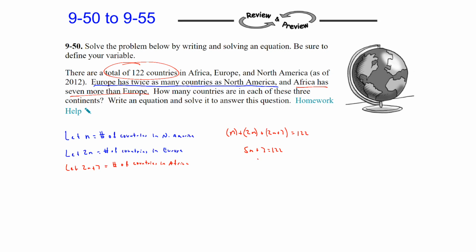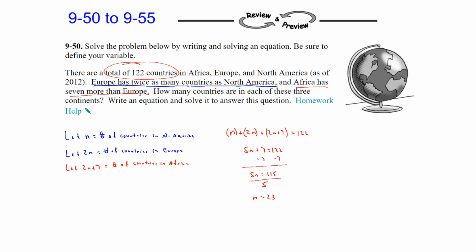Subtract 7 from both sides. 5N is equal to 115, and then divide by 5. So we get N equals 23. It does want to know how many countries are in each of the 3 continents, so we need to answer all 3 questions.